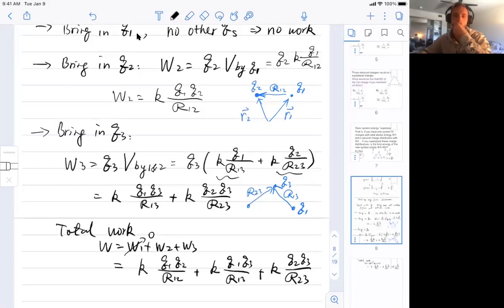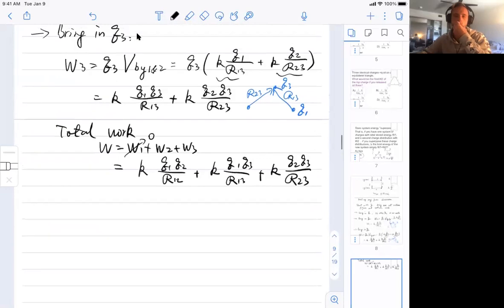So that is the total work required to assemble the charges in this configuration. So they end up looking like this. 1 is here, 2 is here, 3 is here. These charges are already made, all we are doing is assembling them. So that's the work required. And that is also the energy stored in the system.